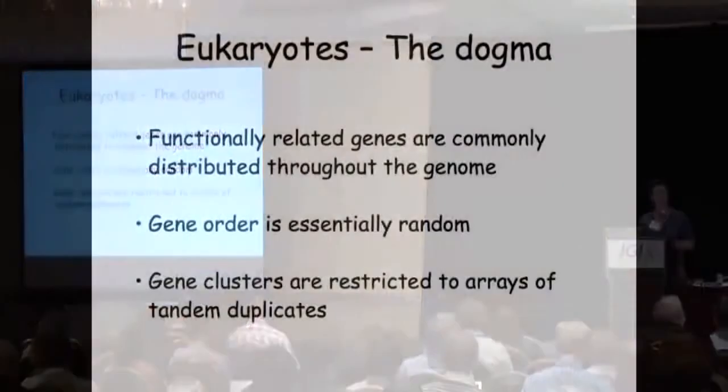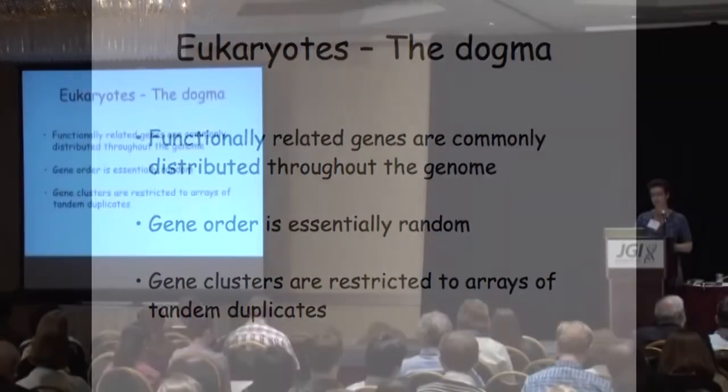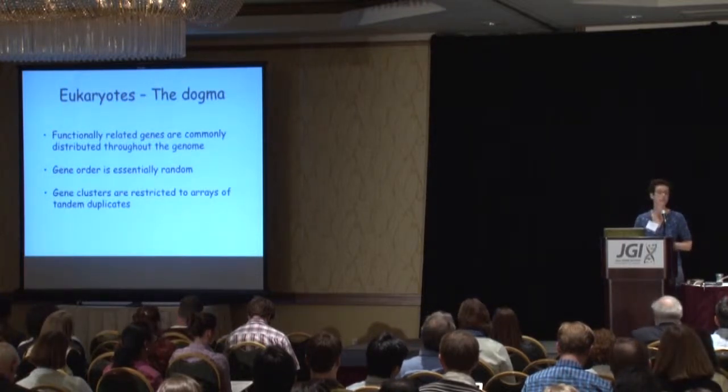And the dogma, which again, as you know, is not true, was until recently that in eukaryotes, genes are generally dispersed around genomes, with the notable exceptions of tandem arrays of gene duplicates, for example, disease resistance genes in plants. But we know that's not true, and I've worked on microbes, I've worked on bacteria, I've worked on fungi.